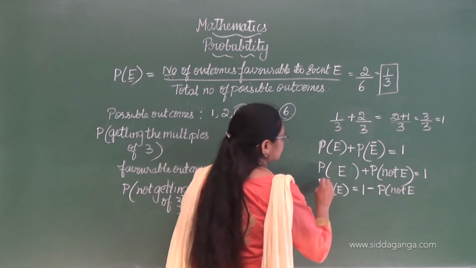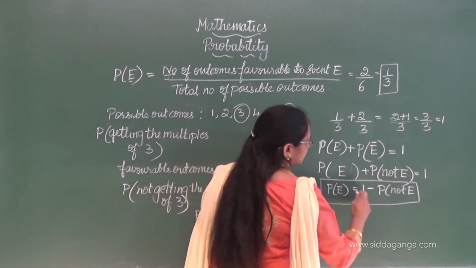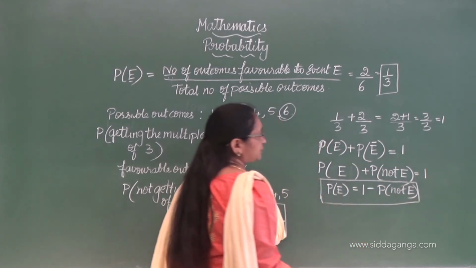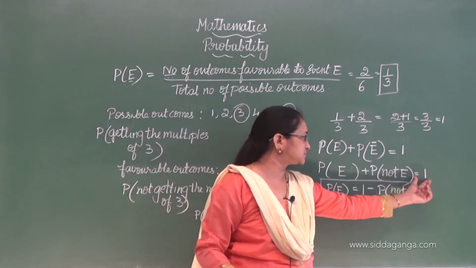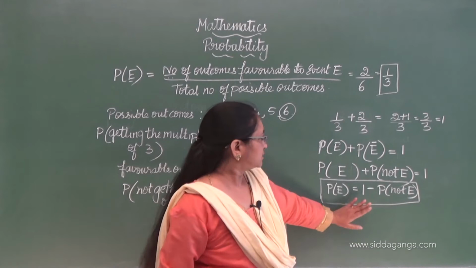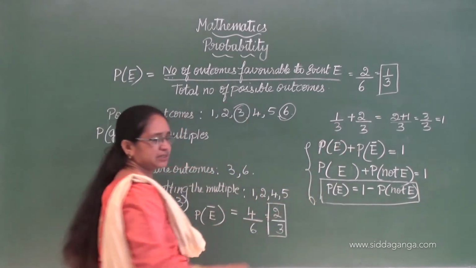Or if you want to find P of not E, it is equal to 1 minus P of E, by transposing this.